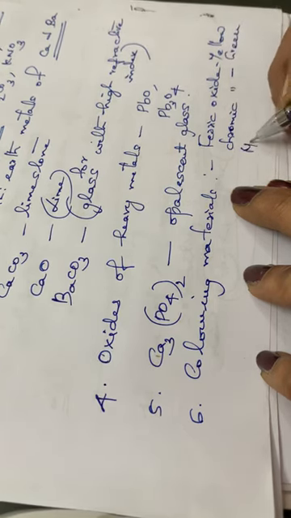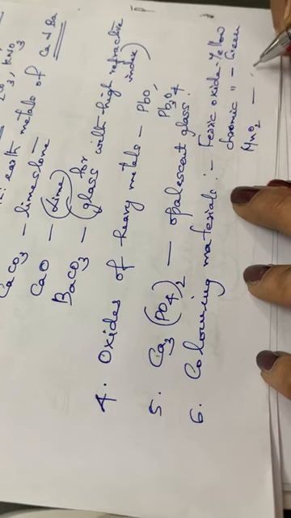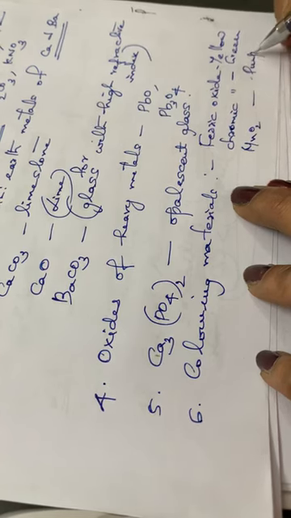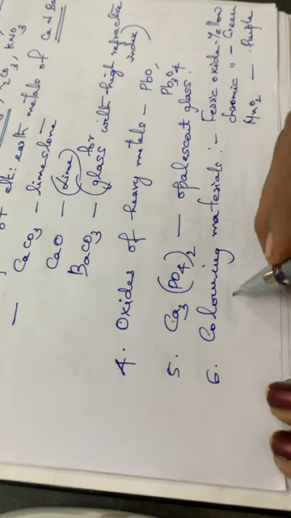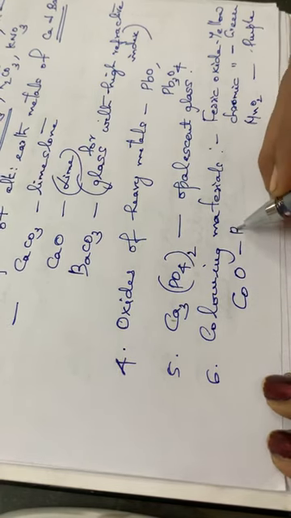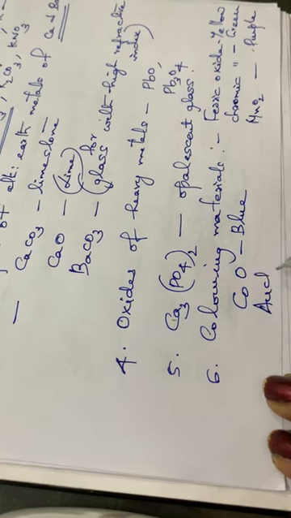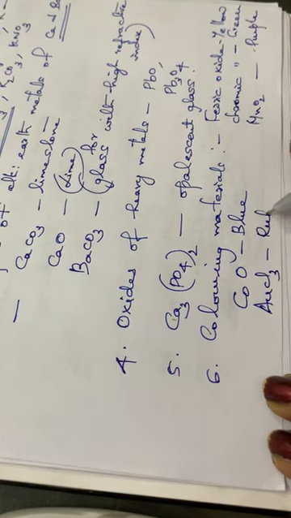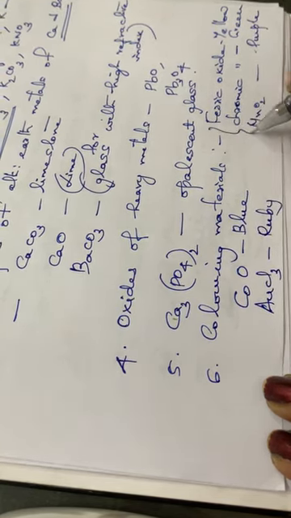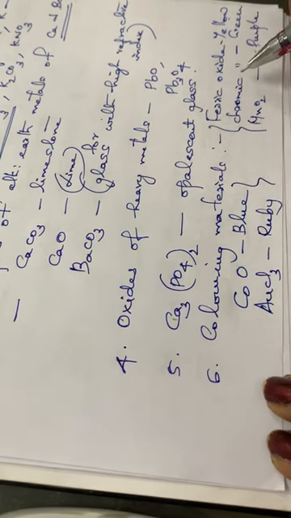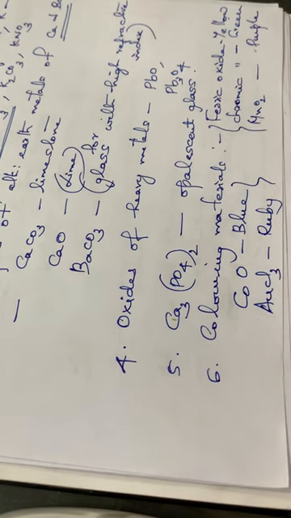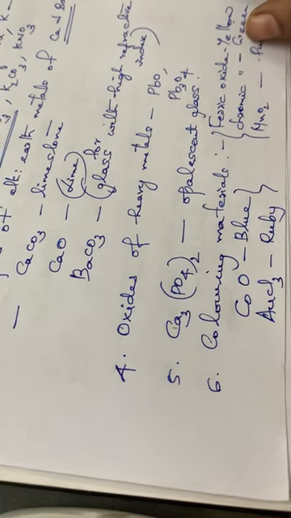MnO2 gives purple color. Cobalt oxide gives blue color. Auric chloride gives ruby color. So these are some of the coloring materials used.